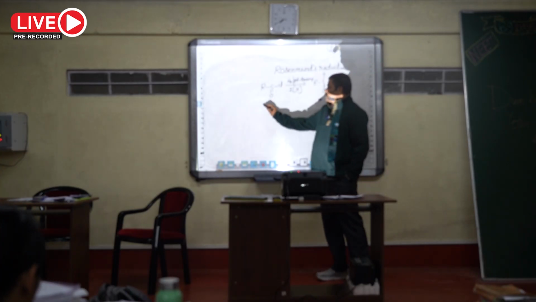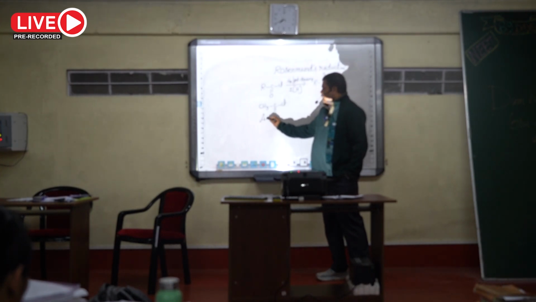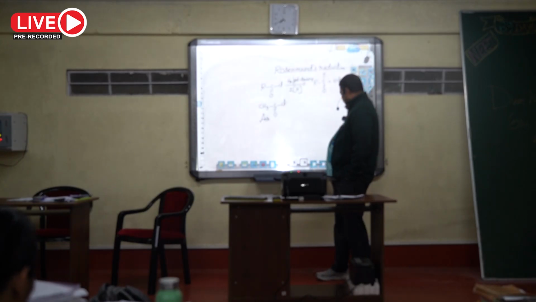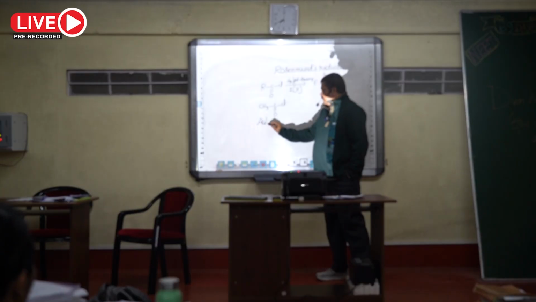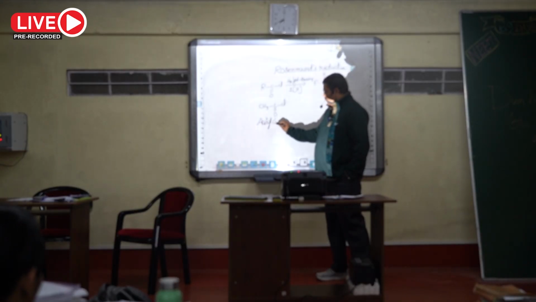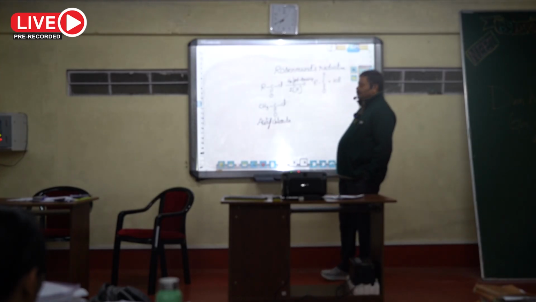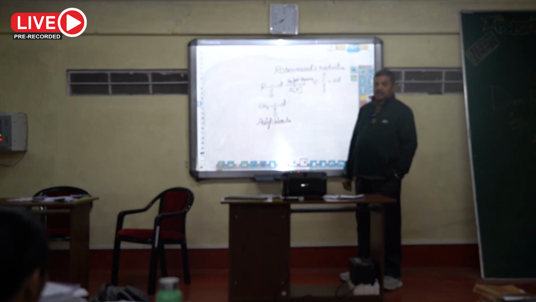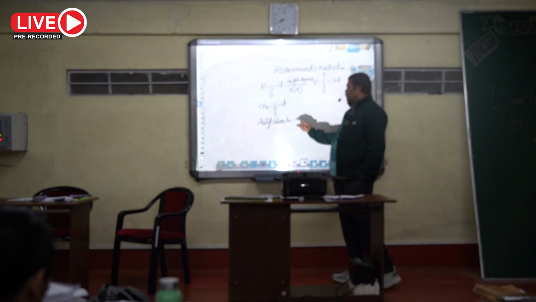If R is CH3, we get acetyl chloride. What is the IUPAC name? Ethanoyl chloride.